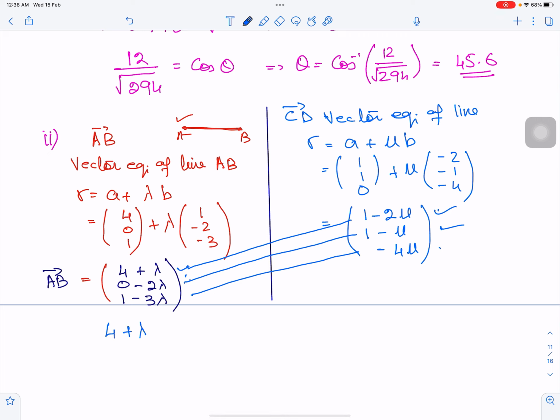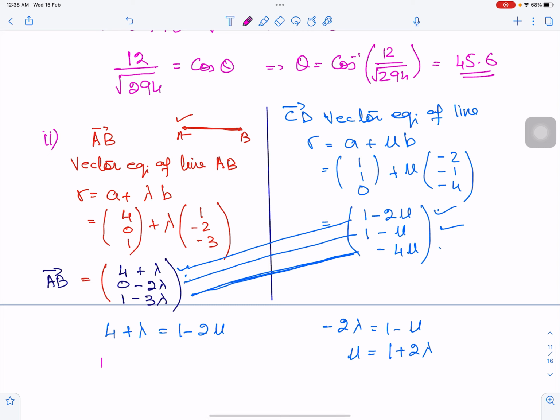So 4 plus lambda equals to 1 minus 2 mu. Another I am taking 0 minus 2 lambda equals to 1 minus mu. I will solve them simultaneously. I will get the value of mu and lambda. Then I will plug in the third one, and I will show you. So let's make mu the subject from here. It will be 1 plus 2 lambda. I am going to plug in this one.